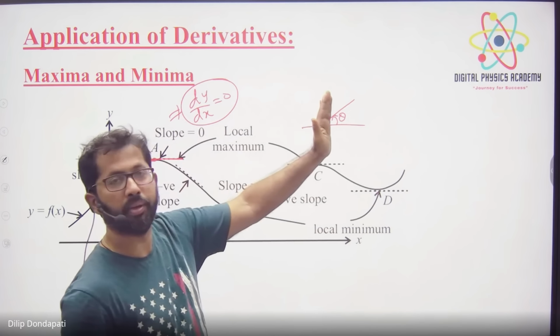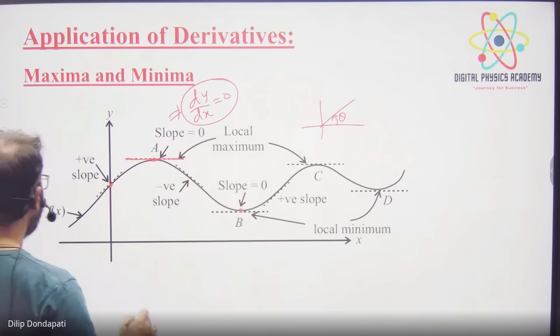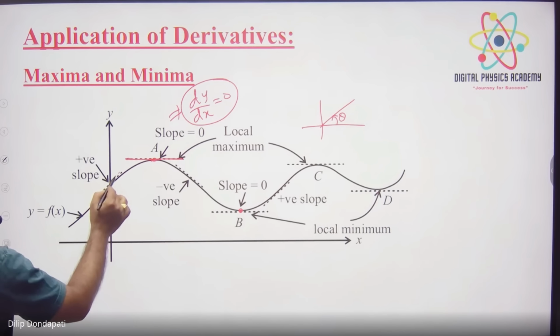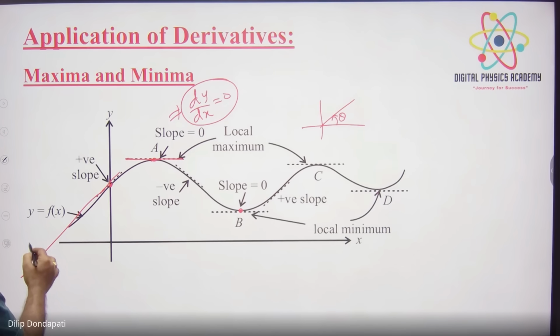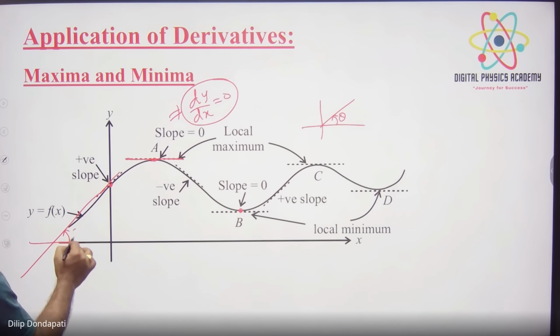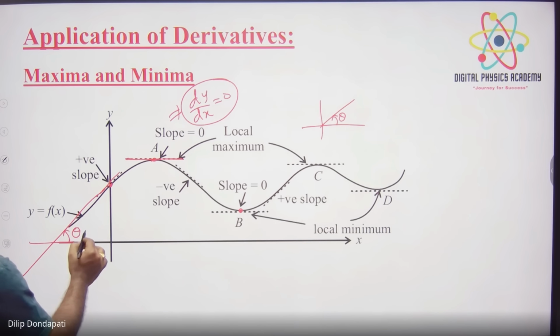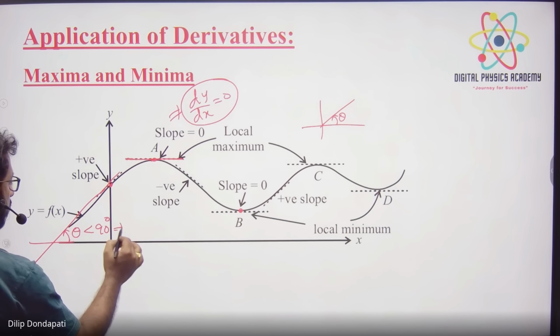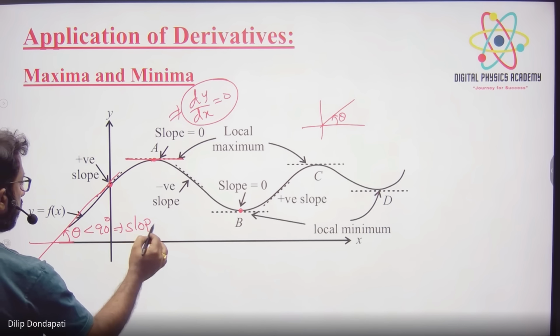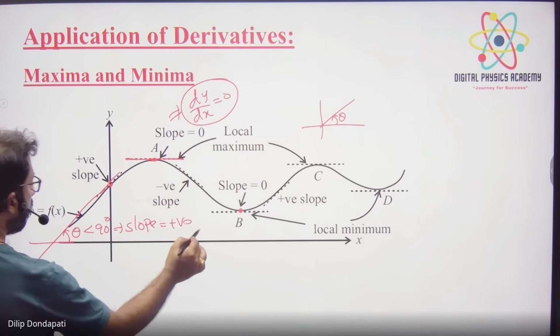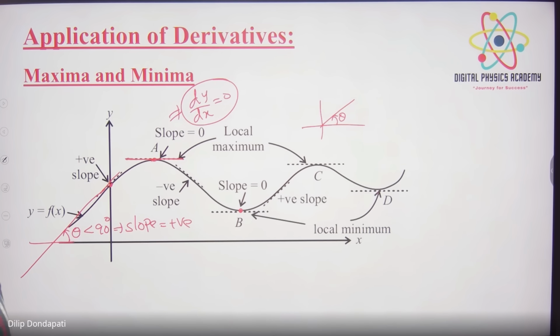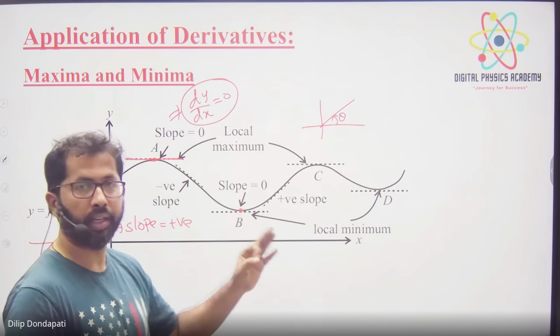How much angle it is making, that is called slope. Okay. So if at this point you draw a tangent, this theta is less than 90 or greater than 90? Theta is less than 90. Whenever theta is less than 90, slope is positive. Very important. Slope is positive. You can identify slope only when you cut the x-axis. The x-axis should be cut. Okay.